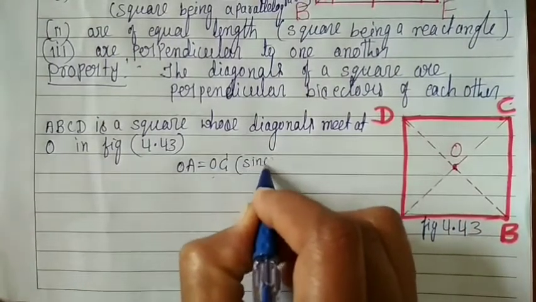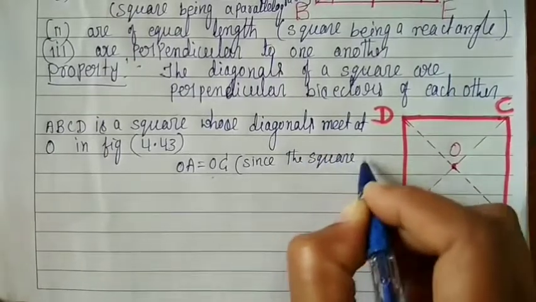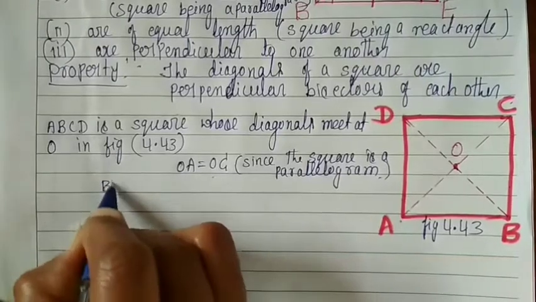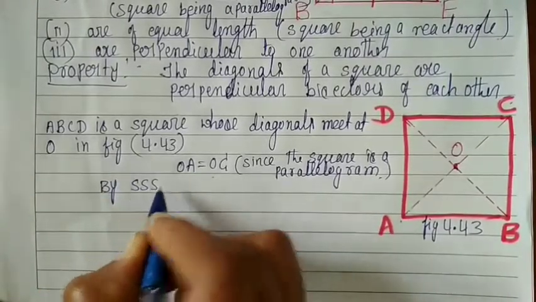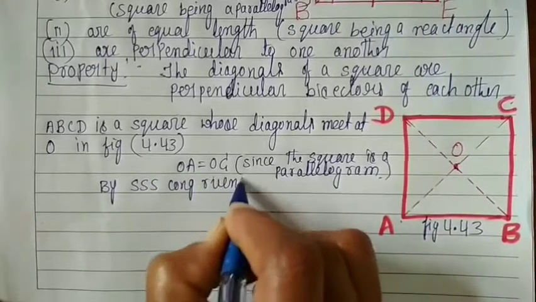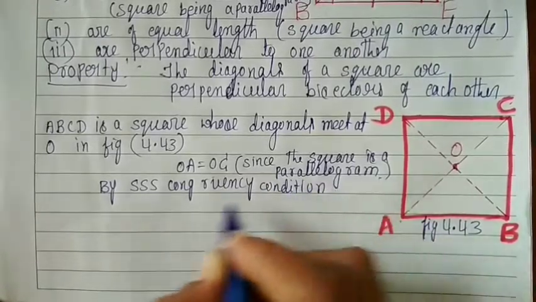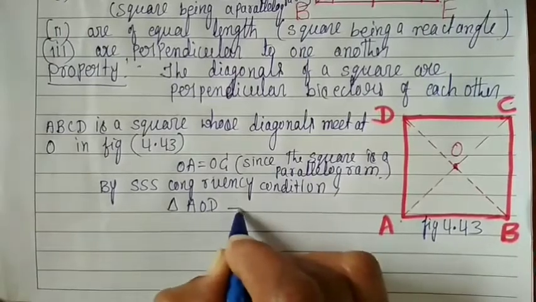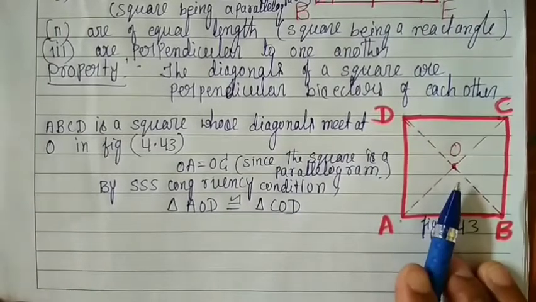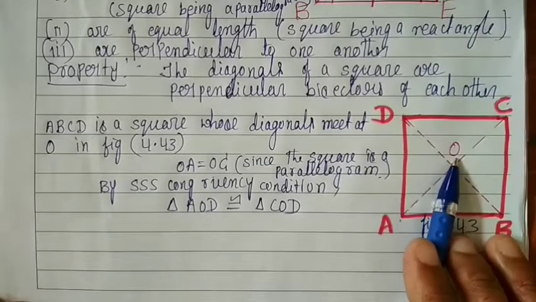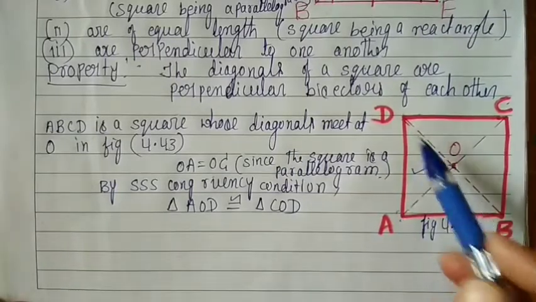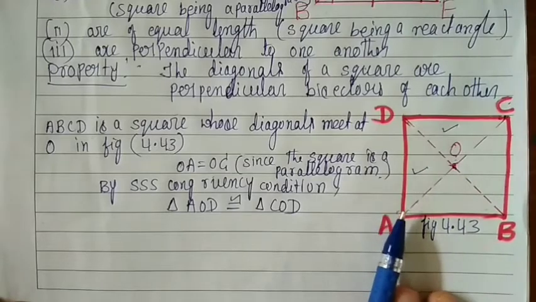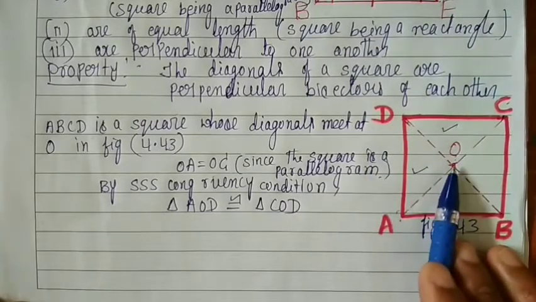Since the square is a parallelogram, by the SSS congruency condition we can now see that triangle AOD is congruent to triangle COD.